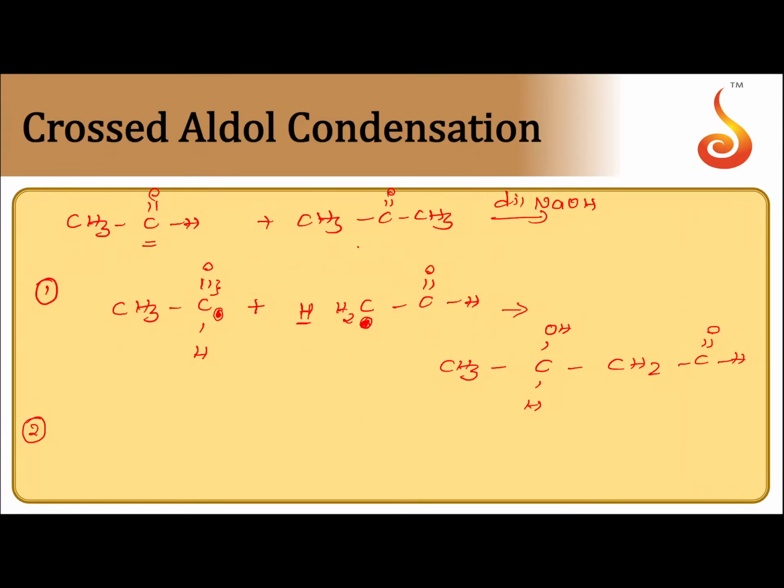Now let us see the second product. Let us suppose only this ketone is undergoing aldol condensation. So write this ketone like this, CH3COCH3, plus the other ketone in such a way that the alpha hydrogen atom is written separately.